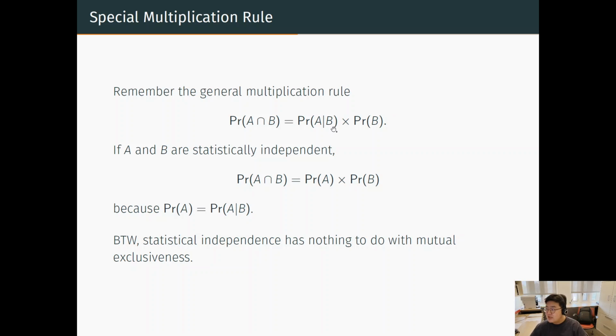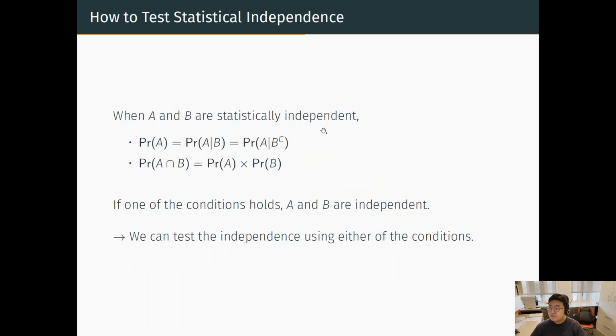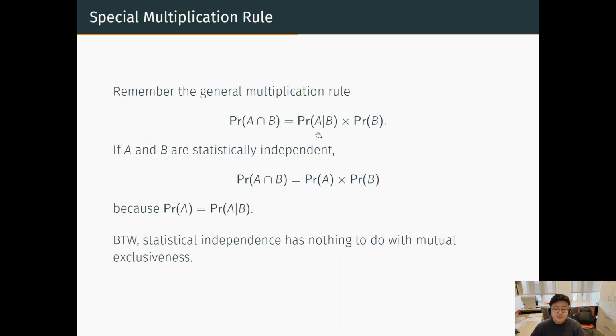But what is interesting here is if the conditional probability in the middle can be simplified to an unconditional probability, then this is really simple, right? Under a special condition that the conditional probability equals the unconditional probability, the intersection's probability is the multiplication of two simple probabilities. It's a special multiplication rule, right?